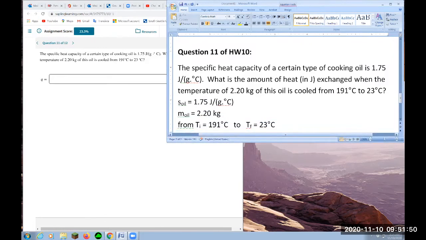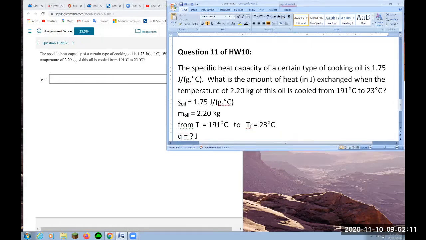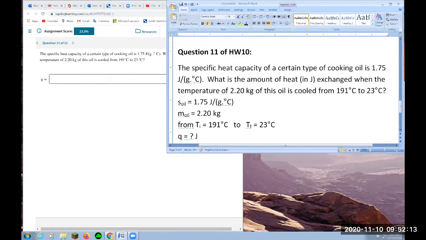Initial temperature is the highest temperature, and then the final temperature is 23 degrees, so it's cooled down. So you have to be careful here to keep this in the correct order. Initial temperature is the highest one, the final is the lowest one. So we are looking for the heat exchanged in joules when that cooking oil is cooling down.